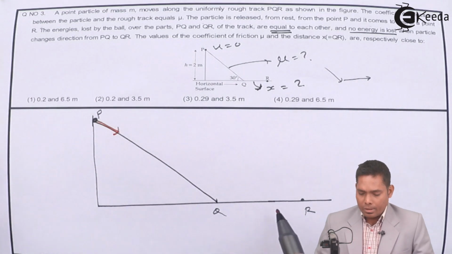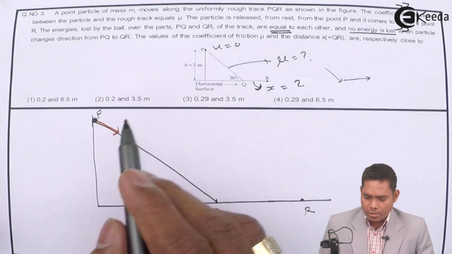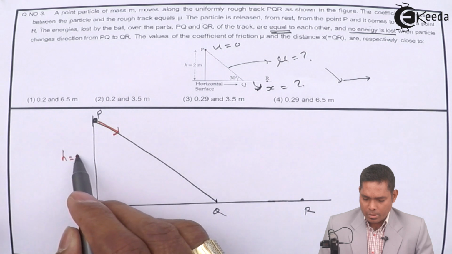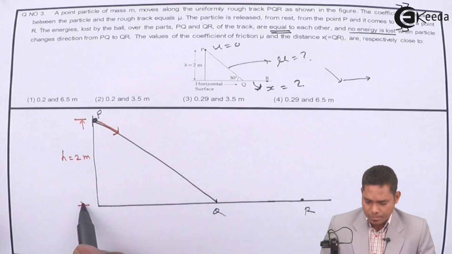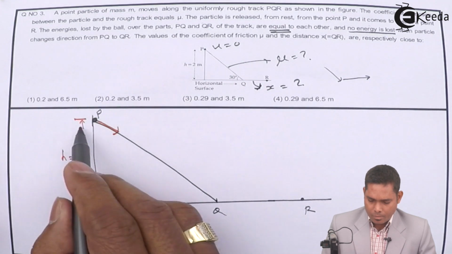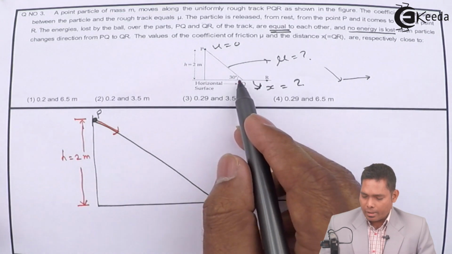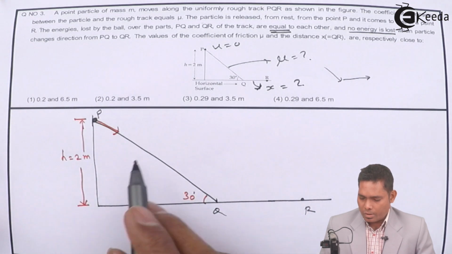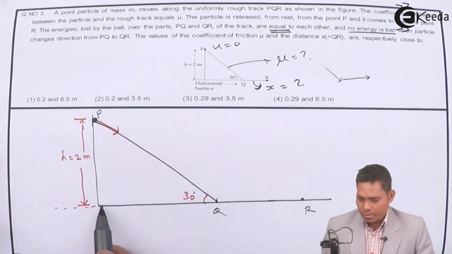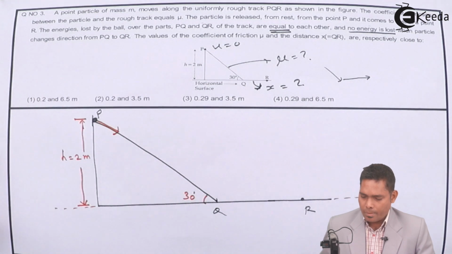This height is given as 2 meters, so I will write this height as 2 meter. And this angle is 30 degrees. This is a horizontal surface.